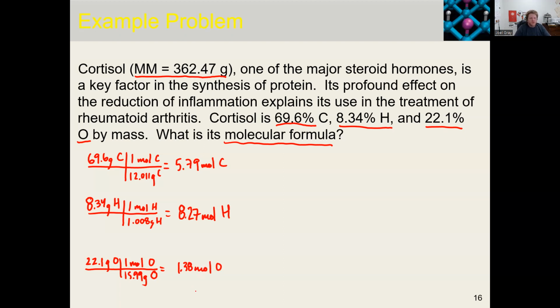Okay. This gives us a formula, C sub 5.79, H sub 8.27, and oxygen 1.38. Completely unfavorable numbers. So what do we do? We take that 1.38 and divide by 1.38. We're coming up with a common denominator for each one of these, so we divide each number by 1.38.